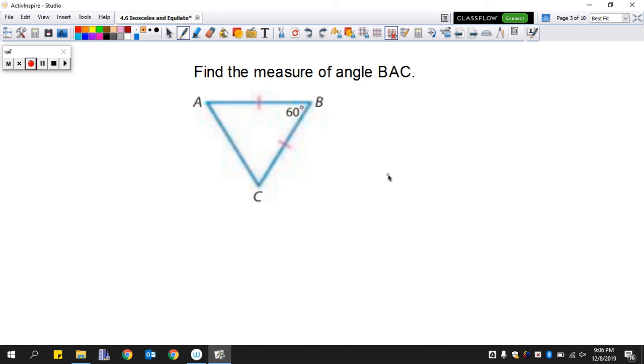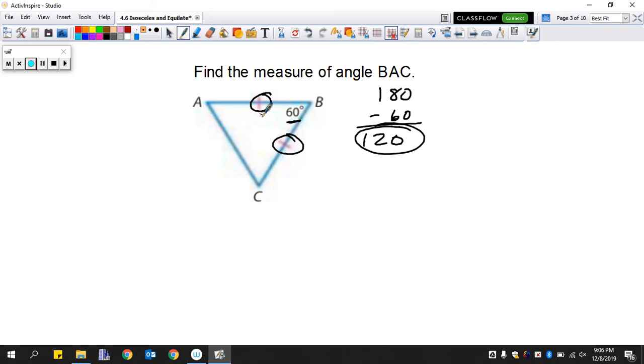All right, the first example that we're going to look at: this triangle has one angle that we're given that measures 60 degrees, and we also know that we have two sides that are congruent. Well, we know all the interior angles have to add up to 180 degrees. If we know one of them is already 60 degrees, that means the other two have to add up to 120 degrees.